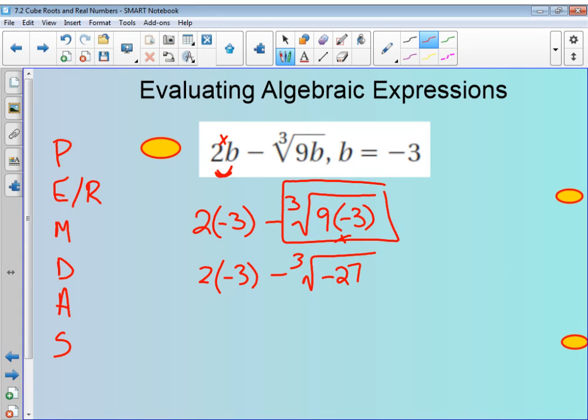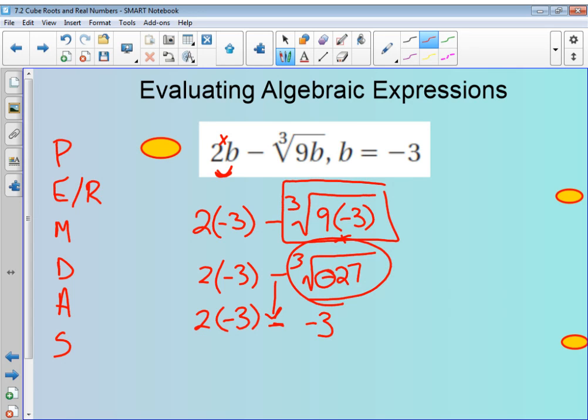Now I'm going to simplify that third root of -27. 3 times 3 times 3 gives me 27, and I need a negative within that, so it's going to be a -3 for that. I still have this negative. It's a very common mistake to forget to bring that down because you had a negative answer for this. And then -3 here and a 2.